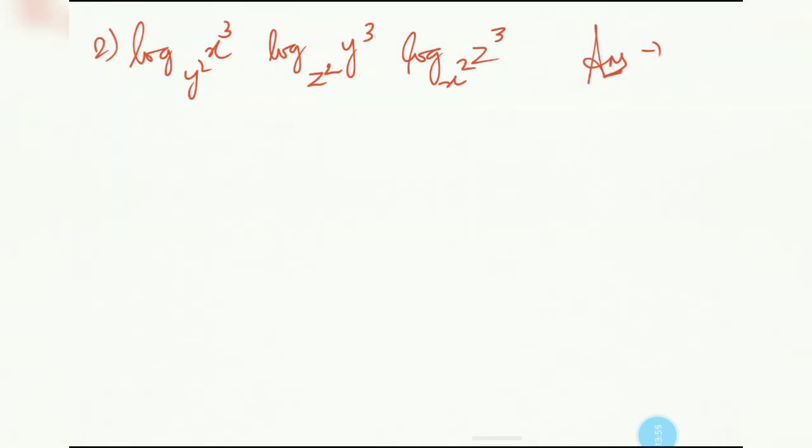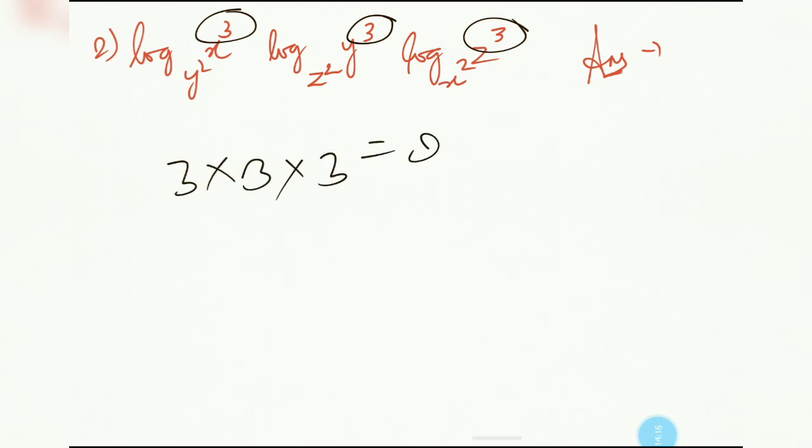Log x cube to the base y square multiplied by log y cube to the base z square multiplied by log z cube to the base x square. Now for this it is very simple. First, for the number powers, whatever is there, 3, just multiply them. 3 into 3 into 3, what is it? 9, 27.